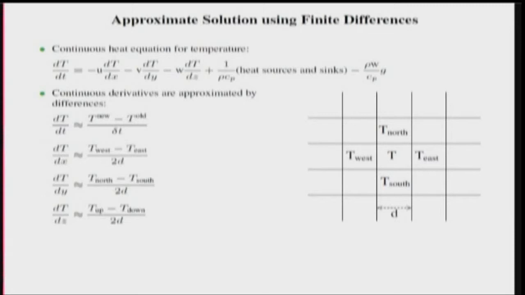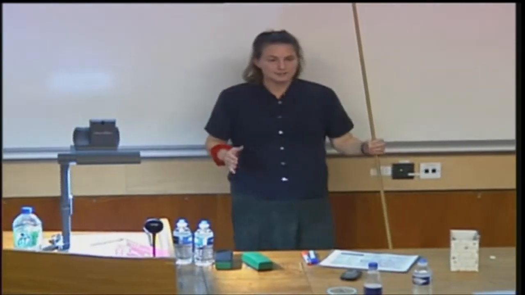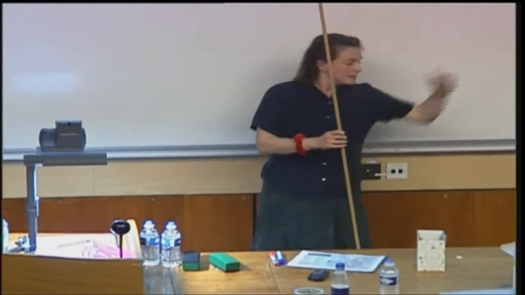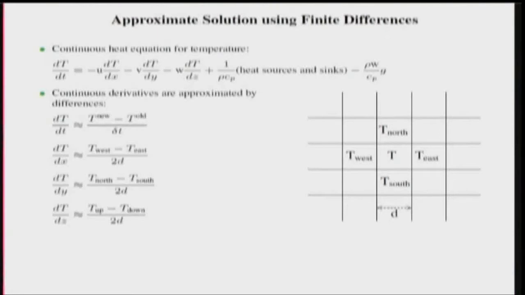So I need an approximation for dT/dx. If I'm here, dT/dx is approximately T to the west minus T to the east divided by the distance between them. In this case, that's T west minus T east divided by 2d, where d is the distance between them.